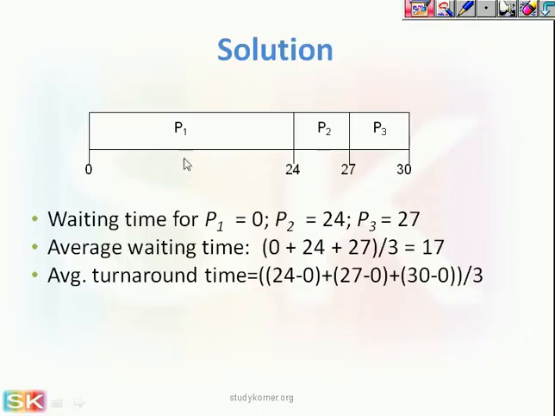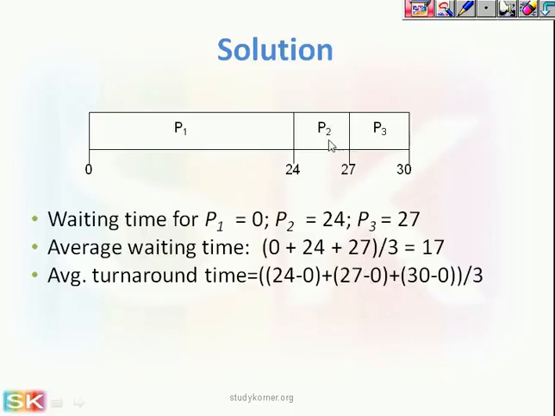So process P1 is completed at the 24th second and it was submitted at time 0. So its turnaround time is 24 minus 0, plus the turnaround time of P2.